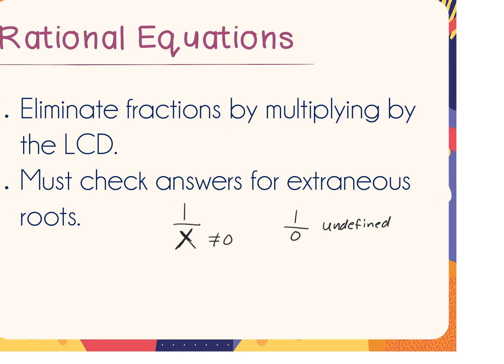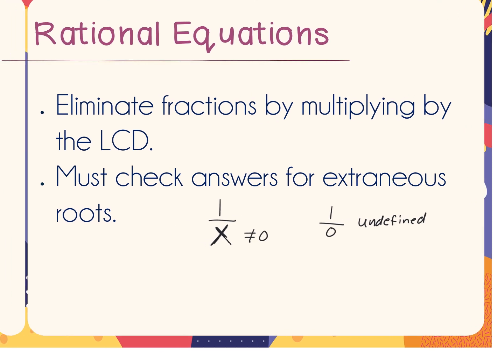So once we get our solution, maybe you do everything correct mathematically, but if you plug it back in and you get 0 in the denominator, it is not a valid solution. So we'll get to some equations like that in this lesson.